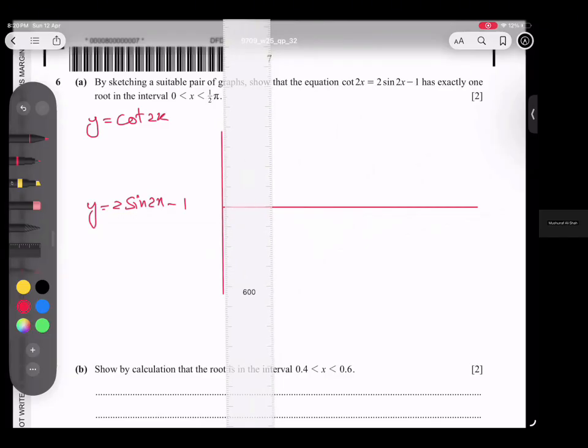Okay, so I'm going to sketch. First of all, this is 0 to pi by 2, and pi by 2 is 90 degrees. Students, what is the best way?